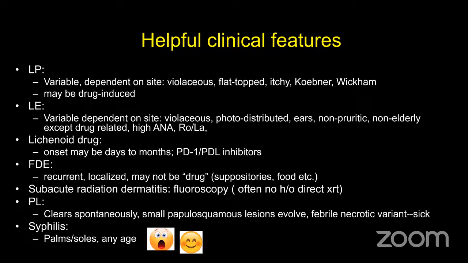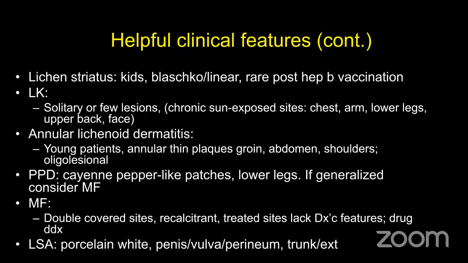And then remember, syphilis, check palms and soles, but really anything goes with syphilis, and of course at any age. Lichen striatus, remember, in adults are rare causes due to hepatitis B vaccine, but it's usually in kids. We already talked about lichenoid keratosis.